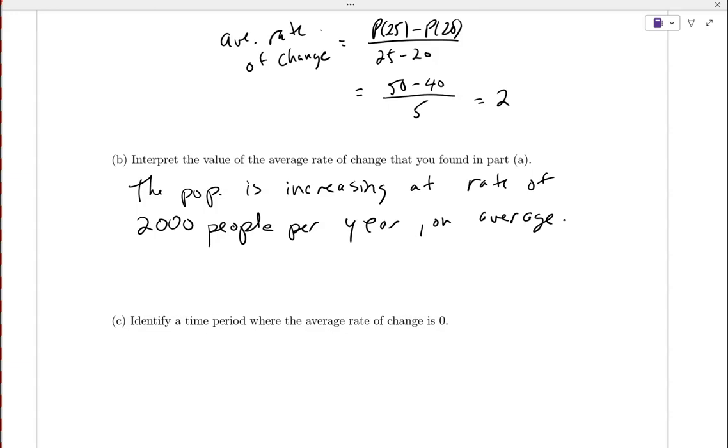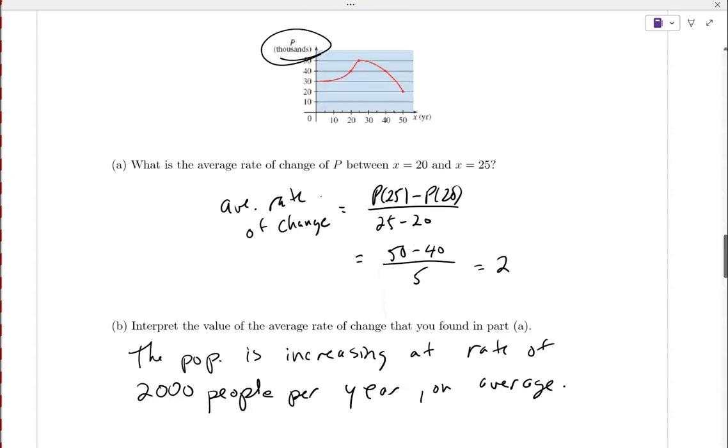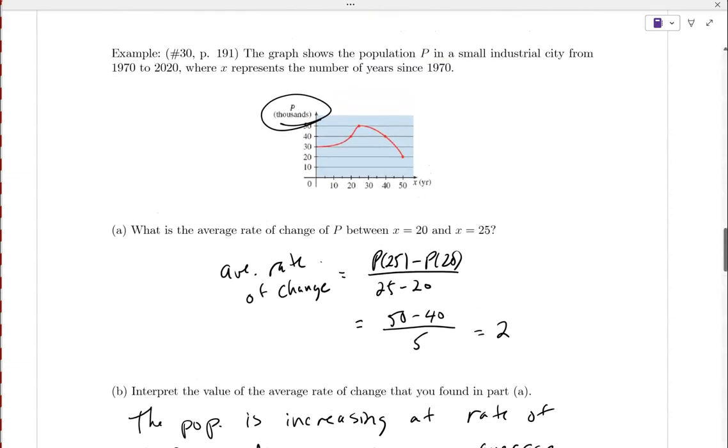Well, there better be a horizontal line between the 2 points, right? The points better be the same height. My y values better be equal to each other. So if I look at the graph, do you see 2 points in time where the y values are the same? There's lots of examples, but do you see one in particular they're looking for in the pictures by where they put the dots?